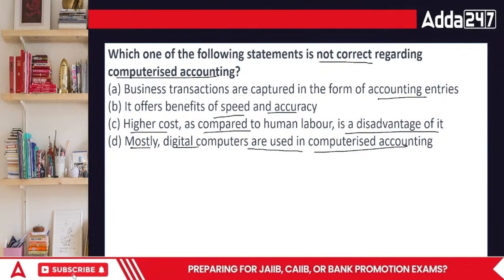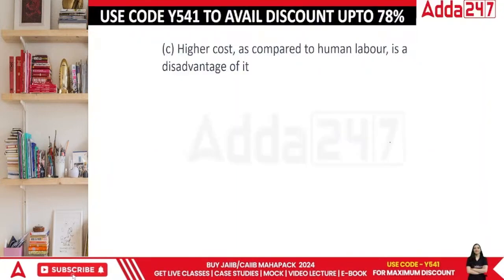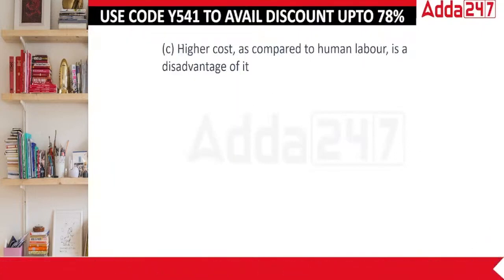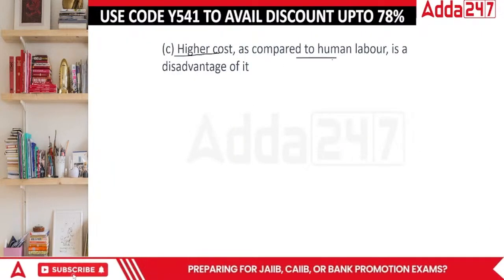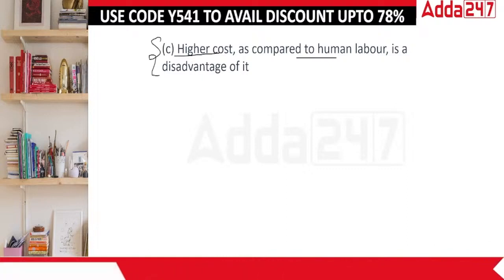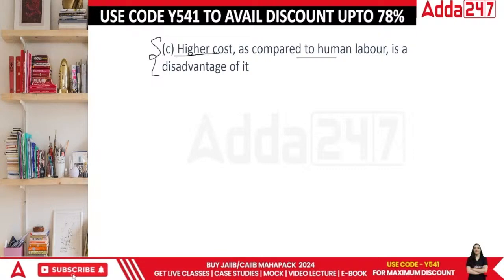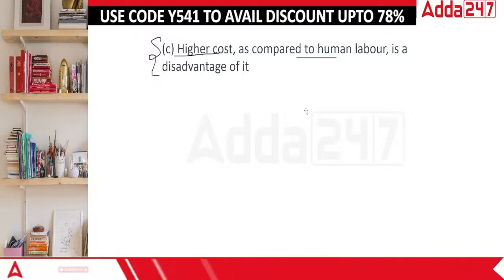In this case, the answer is C. There is no higher cost compared to human labor; this is way more beneficial in terms of working. It is not a disadvantage, it's an investment you are making that will help the company grow further. So the correct answer is C.